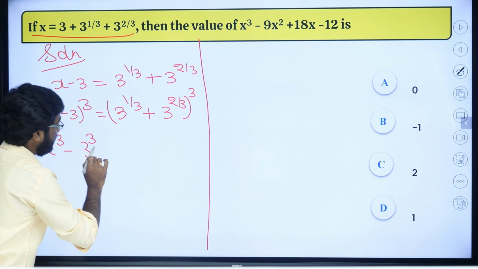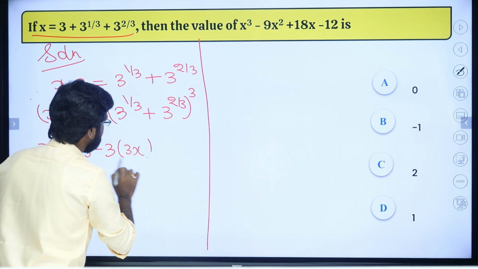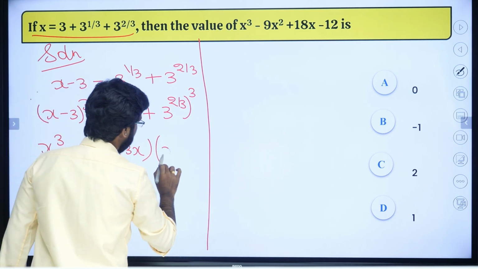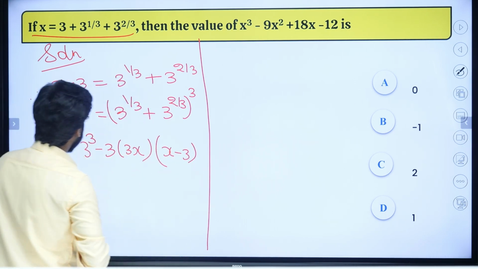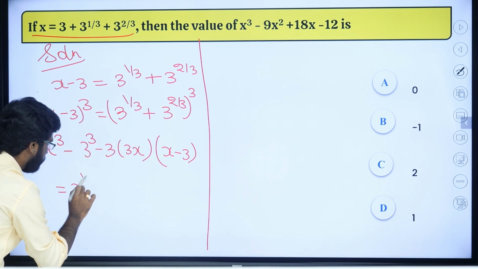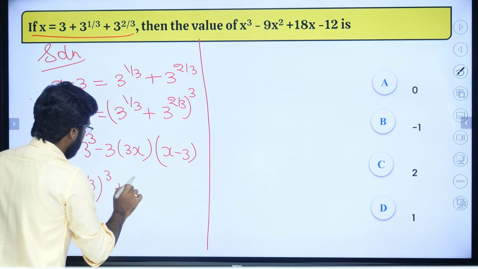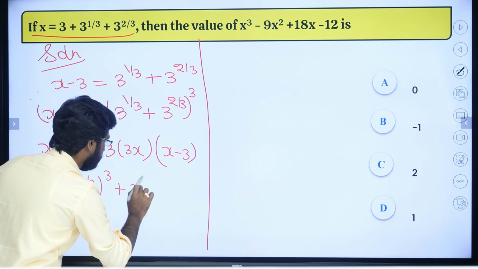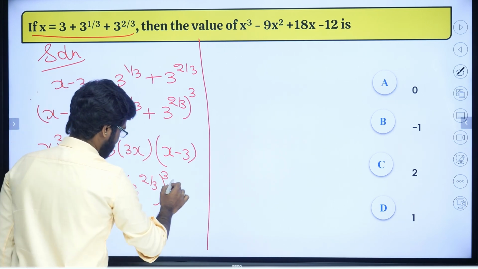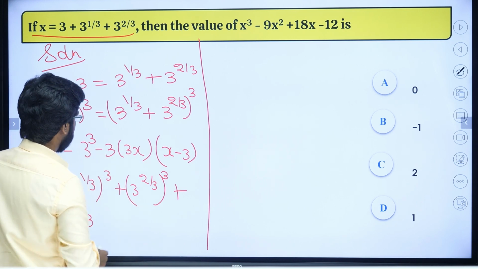Minus 3 cube. Then minus 3 into AB, which is 3x. Then what, my dear students? A minus B, which is x minus 3. Now this is equal to, we have to expand this part, my dear students: 3 power 1 by 3 the whole cube plus 3 power 2 by 3 the whole cube plus 3 into AB into A plus B, my dear students.